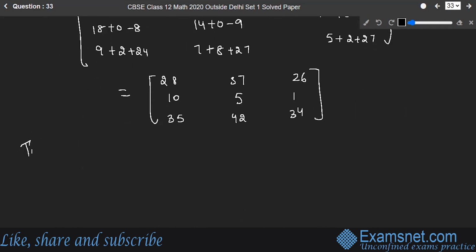So to prove, I'm going to pick up the LHS. The LHS was A cube minus 4A square minus 3A plus 11I.